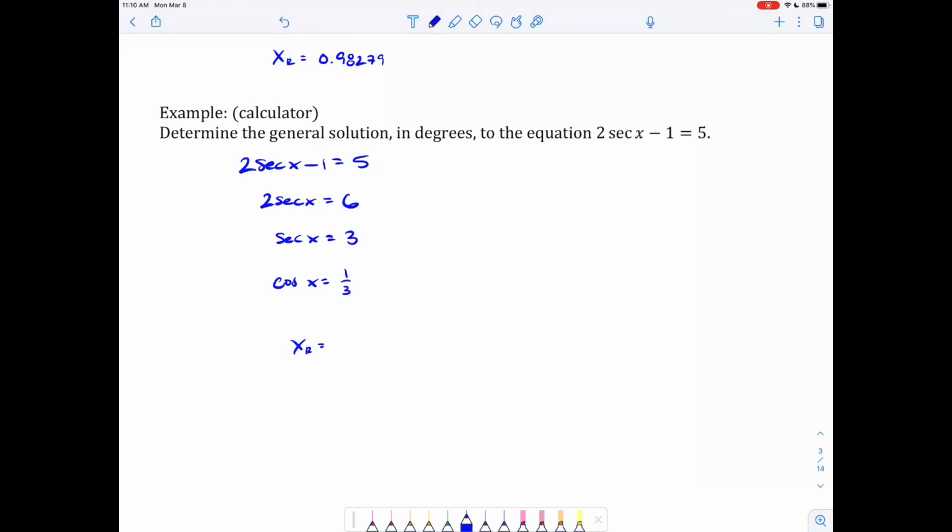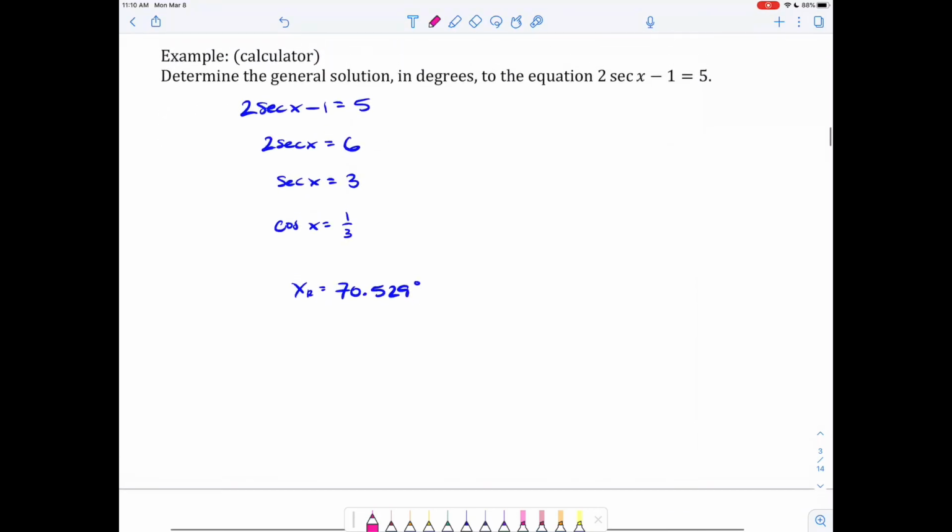I better switch back into degrees here. Inverse cosine of 1/3 is 70.529 degrees. Quadrant-wise, I'm dealing with a positive cosine, so I'm there and there.